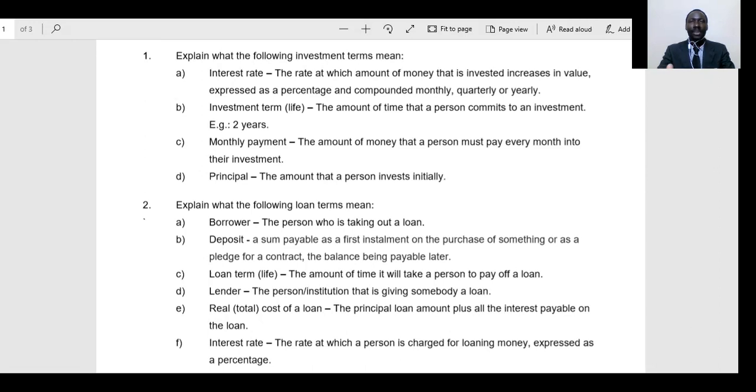So for example, you have invested some amount of money in some activity, and it will be increasing in value. The rate at which that money will increase in value is what we call the interest rate.